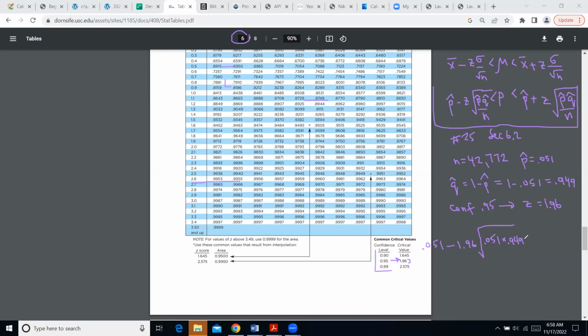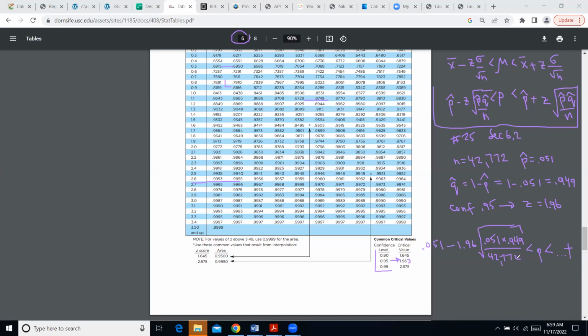Okay, that's the q, and divided by that big number, 42,772. Here's the left side. Now for the right side of this estimate, I will be doing the same thing, but put a positive sign, and that's how we are going to go about this.